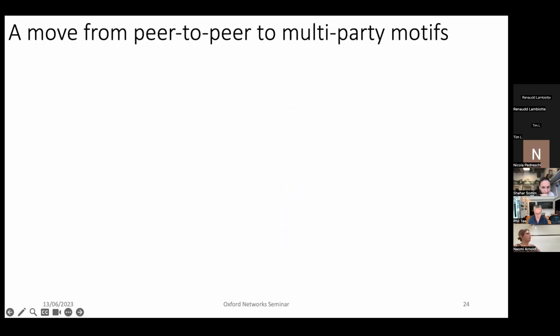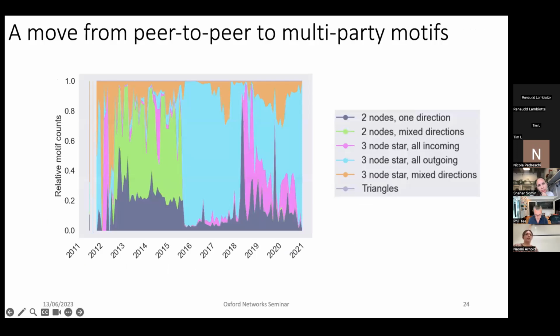Then, taking that plot of the total number of different motifs, we looked at it as a composition of different motifs, so which motifs were most common as a proportion.